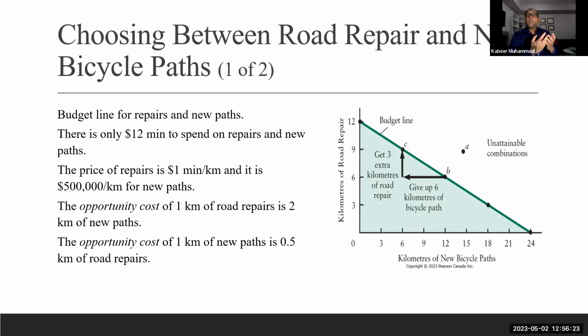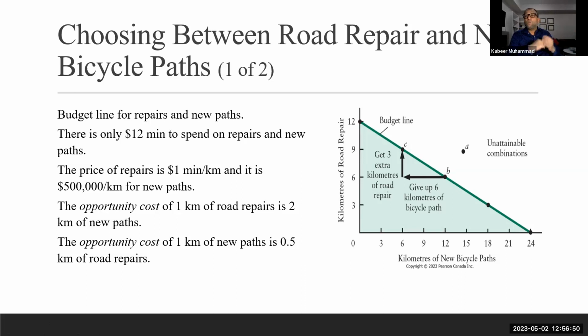Now they have to make a choice because they have 12 million. Either they can repair 12 kilometers of roads, or they can make 24 kilometers of bicycle path, which we are showing here. It is not necessary to spend all the money on one activity.